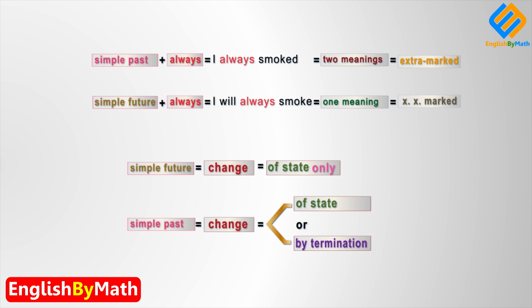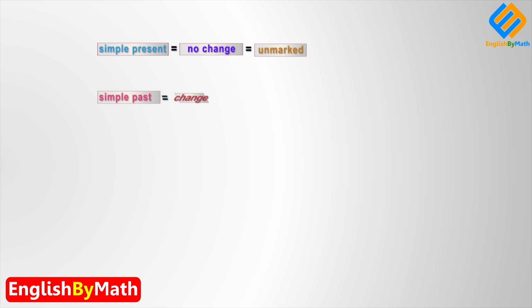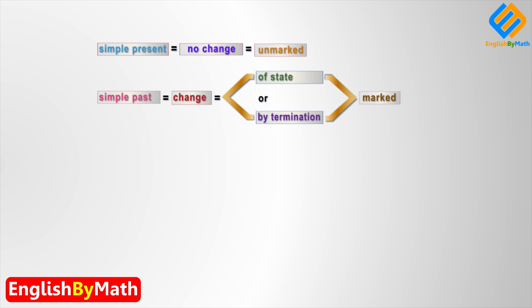An overview of the levels of meaning will give us the following. Simple present, no change, unmarked. Simple past, change of state or by termination, marked. Simple future, change of state only, extra marked.